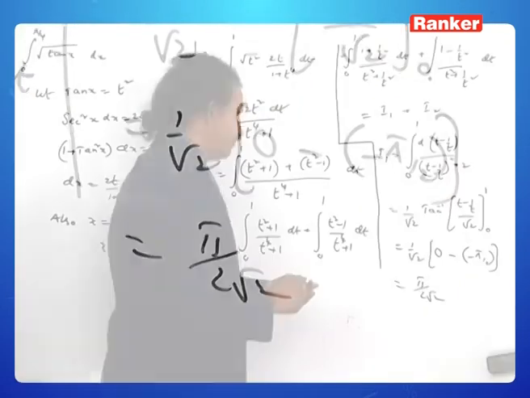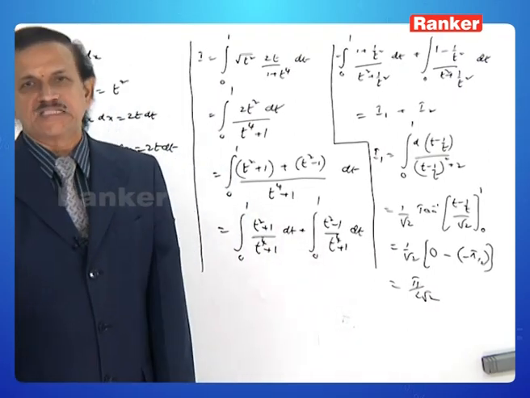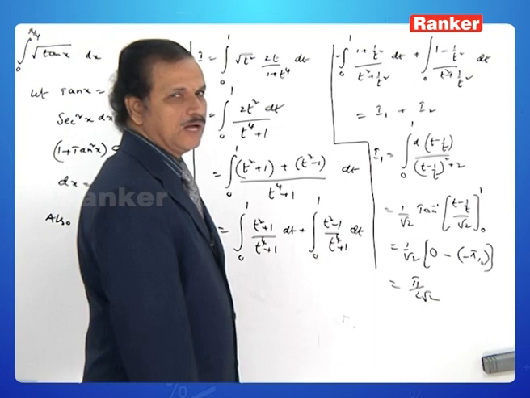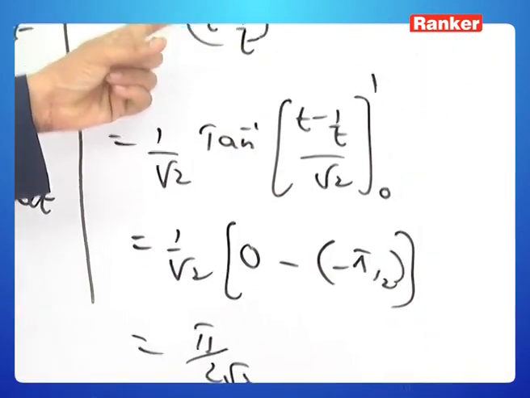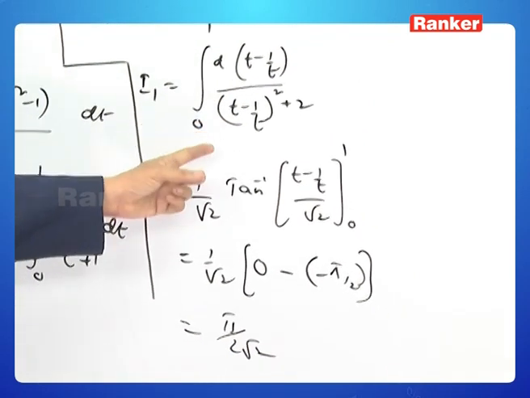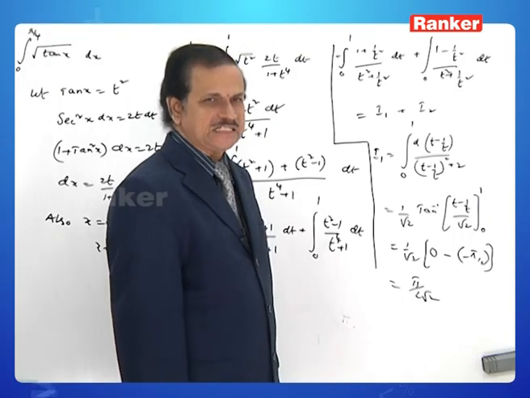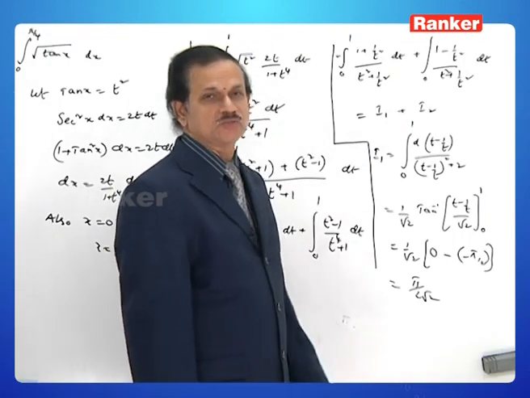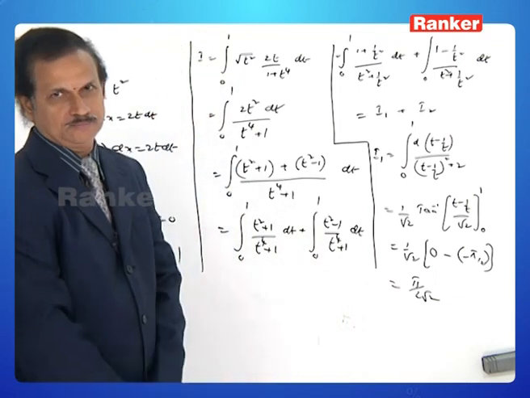You see, my dear friend, we could have calculated just I1 only. Still there is I2. Well, my dear friend, keeping this particular integral in our mind, we will be able to simplify that also by considering t square plus 1 by t square as t plus 1 by t whole square minus 2.